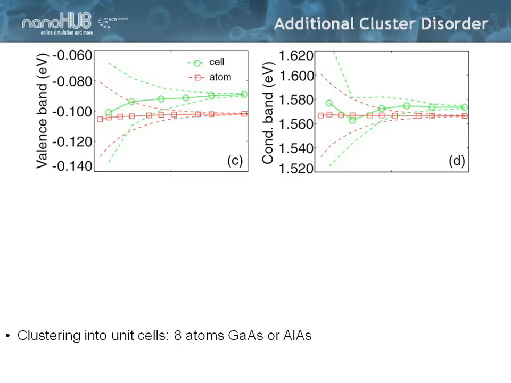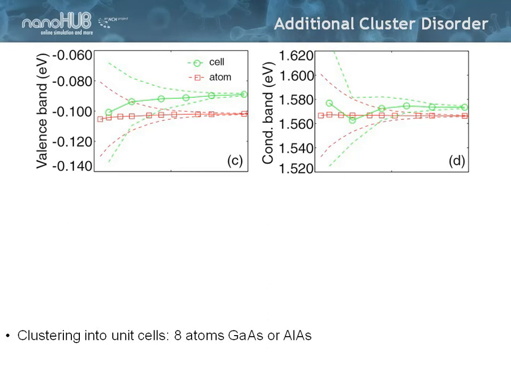I have an 8-atom unit cell and another 8-atom unit cell, so I stack my system together like Legos. If that's the case, I can throw the dice inside a unit cell for every aluminum and gallium atom individually. You could be aluminum, you could be gallium.